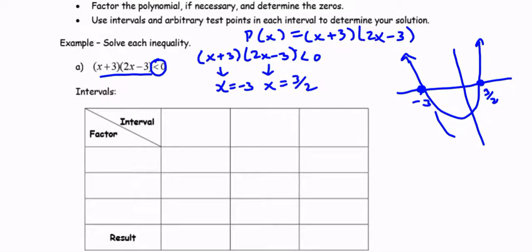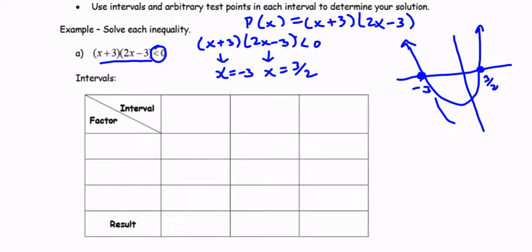Okay, so I am going to use those zeros to make up my intervals. And I'm going to start by going left to right again. So my first interval is going to occur from negative infinity to the lowest zero, which in this case is negative 3. And we're going to go with round brackets here, okay? And we're going to continue on.